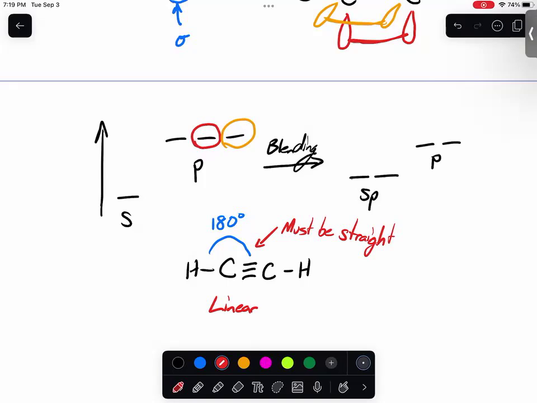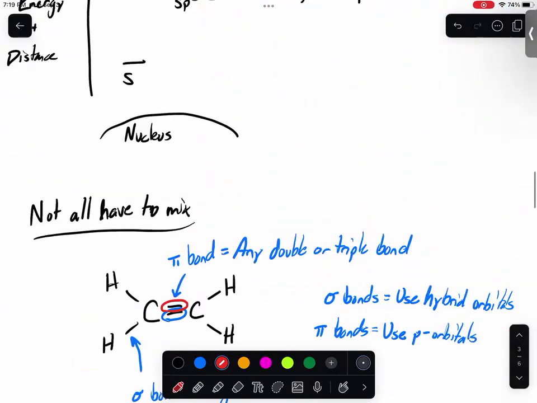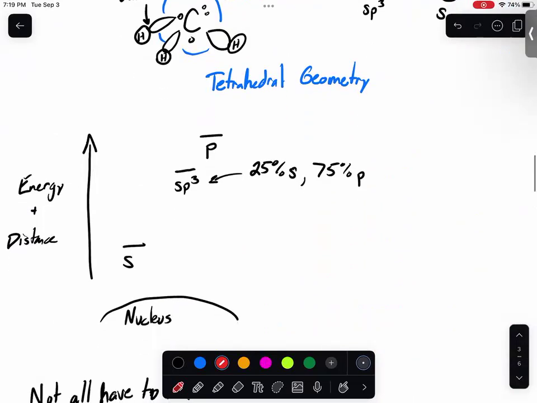So we're going to scroll back up real quick and take a look back at something that we drew earlier. This right here, our energy and distance graph that we put in earlier. Because now we have two other orbitals to fit in there. We have our sp2, which is going to fall a little over halfway towards the p orbital, because now this is 33% s, right?